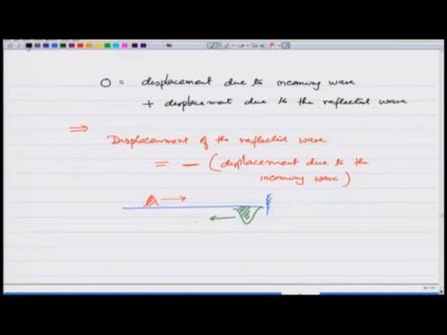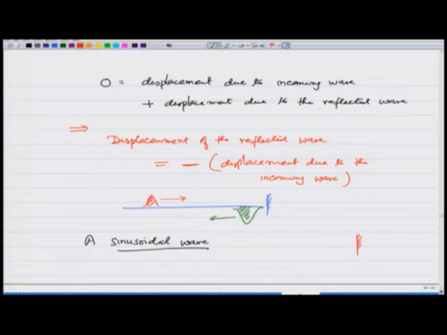In particular now, let us take a sine wave. That means, I am looking at this string on which a sine wave is coming in. So, this is the wave coming in, and simultaneously when it hits the wall, it gets reflected.